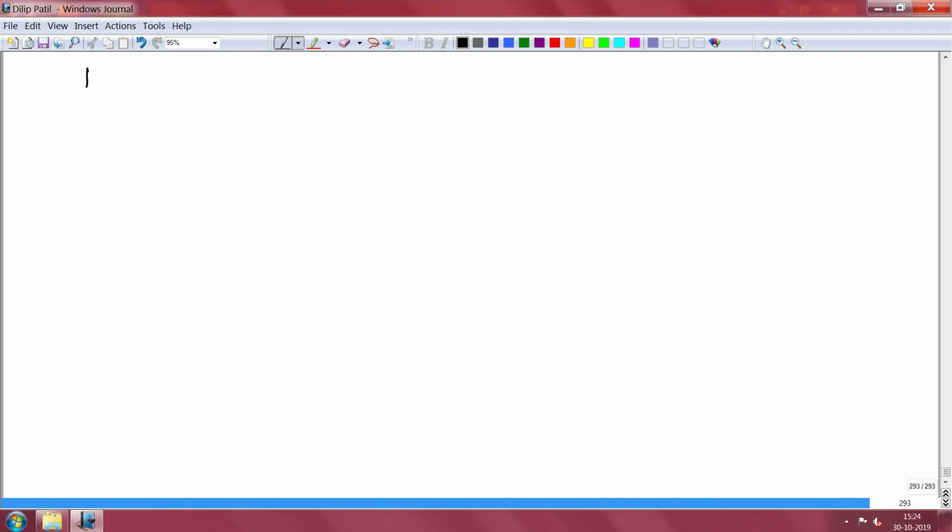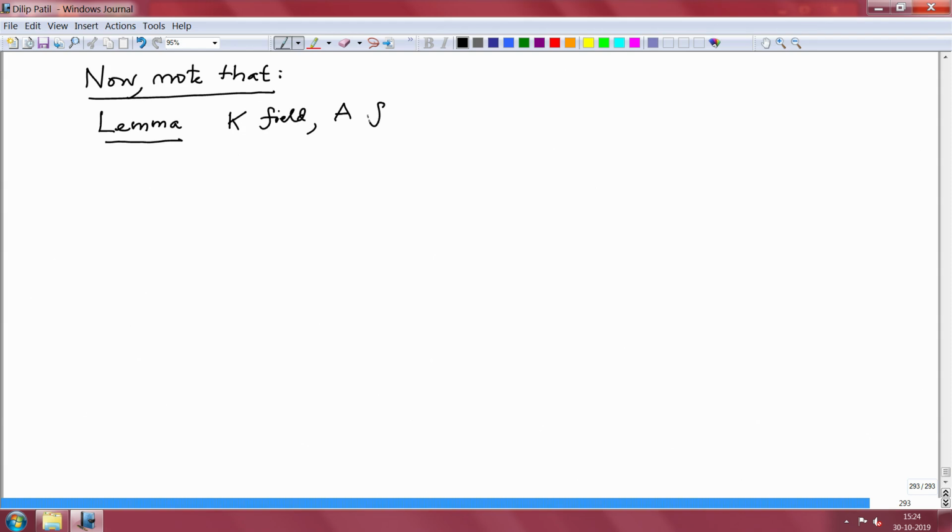Note that this following assertion is independent in its own right. I do not remember if I have proved it earlier, but it does not matter if you repeat. Lemma: K is a field, and A is a finite K-algebra, that means the dimension of A as a K vector space is finite.